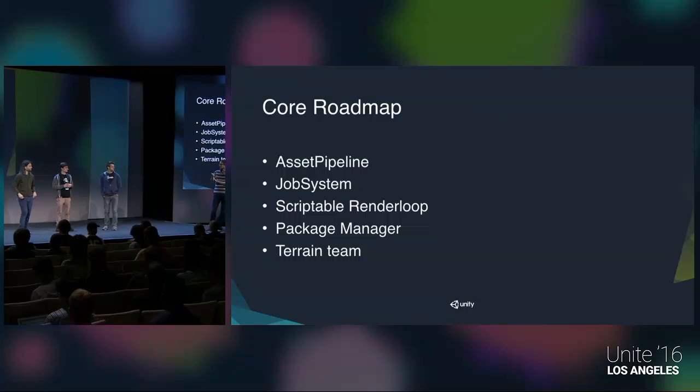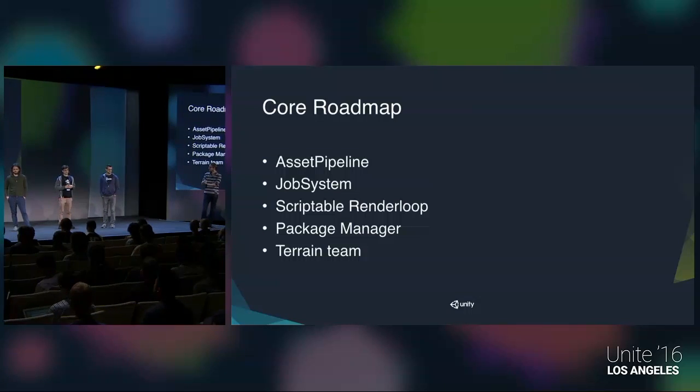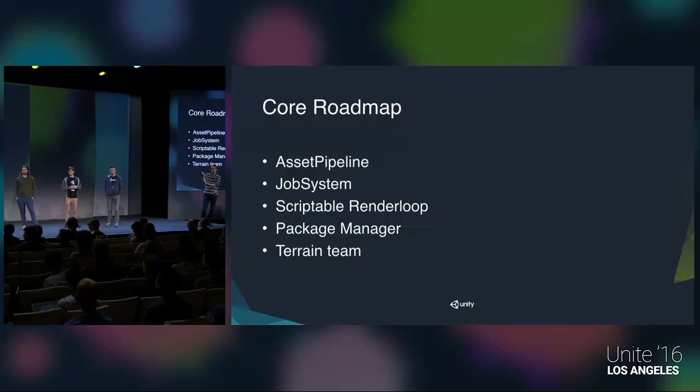Okay, we can take one more question on core. I have a question regarding the package manager. Right now on the asset store, anyone who creates an asset has to include everything that asset is dependent upon in the package. That can sometimes cause conflicts when you have some overlap, like, for example, Facebook SDK and notification assets.